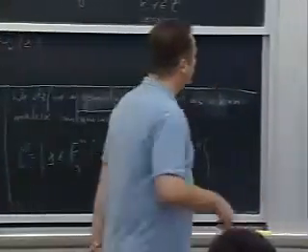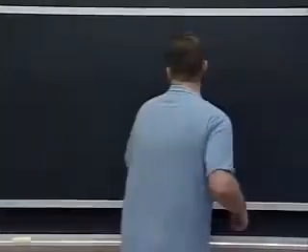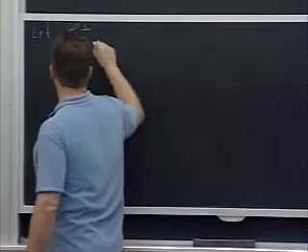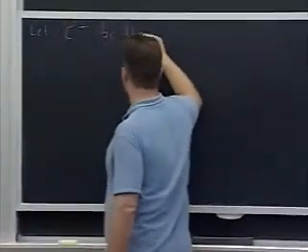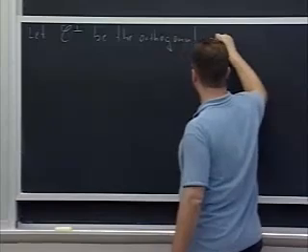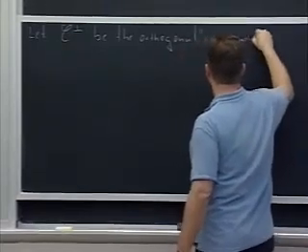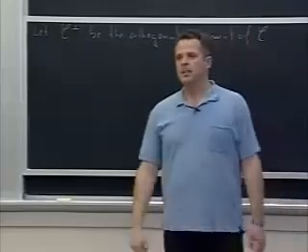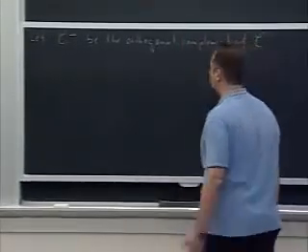And one more property of this: the orthogonal complement of C, of the code. So what does that mean?